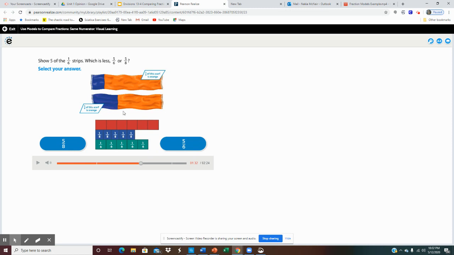And if we look at the second scarf, we know that 5/8 of that scarf is orange. You can visually look at the two sections of the whole scarves. We can plainly see that the scarf with 5/8 orange is a lot less of the whole than the scarf that is labeled 5/6 orange.